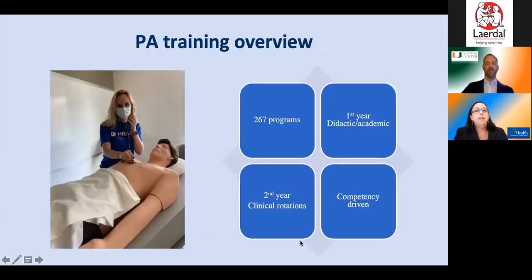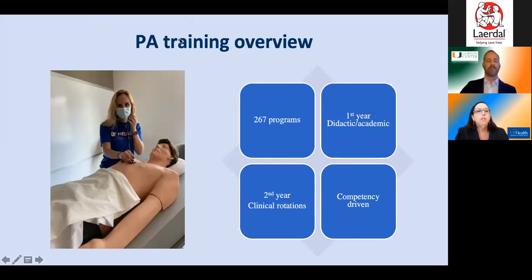The next slide, please. For those of you who are not integrally familiar with PA training, I'd like to share that in the United States, we have 267 PA training programs. Most of them are approximately 2 years, 24 to 27 months in duration. Each of them is composed of 2 phases.